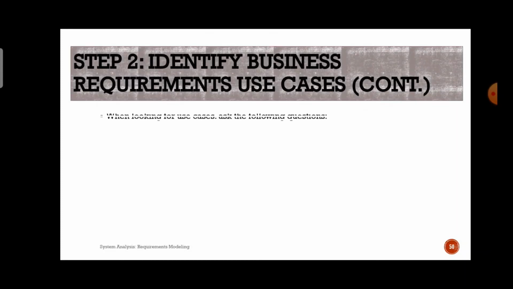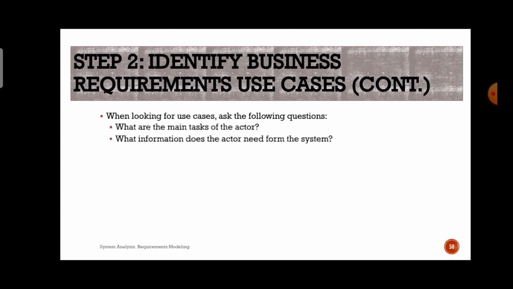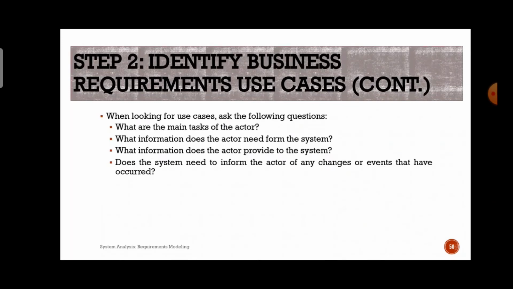So, when looking for use cases, ask the following questions. What are the main tasks of the actor? What information does the actor need from the system? What information does the actor provide to the system?